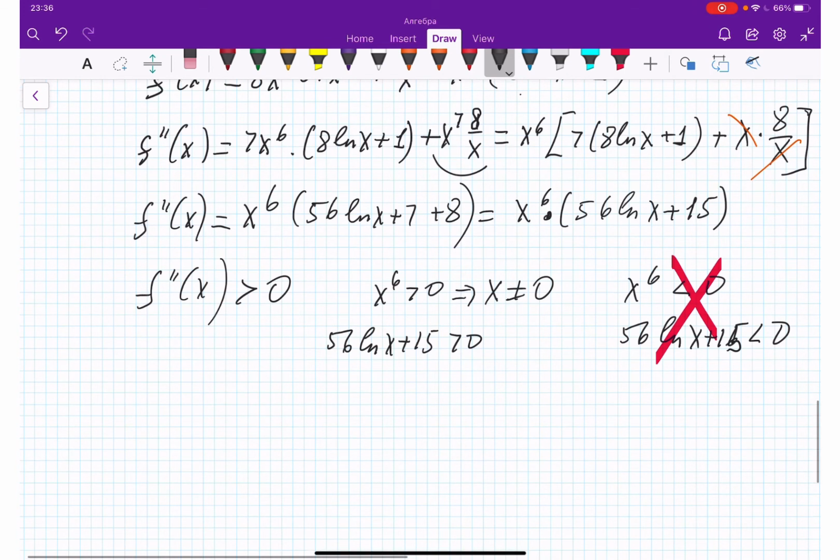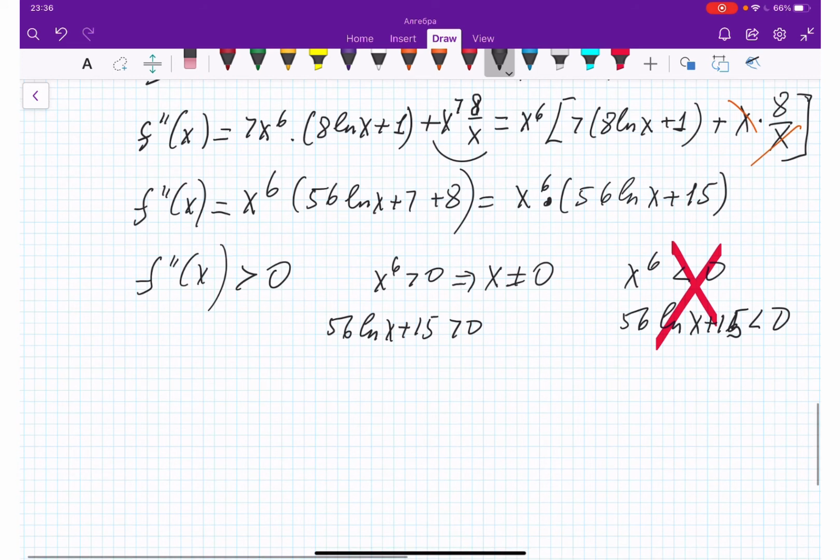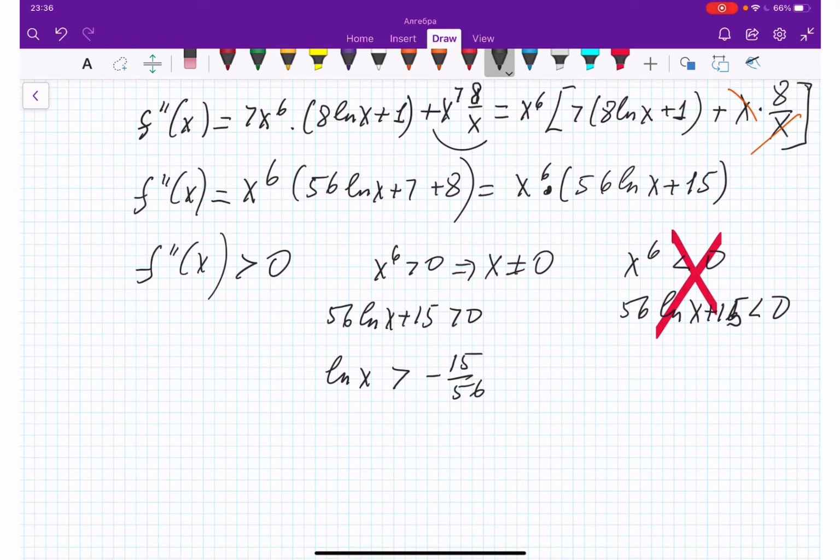And for 56 logarithm x plus 15 greater than 0, I can say that natural log x is going to be greater than negative 15 over 56, right? And from here, I can say that x is greater than, so here we have base e.